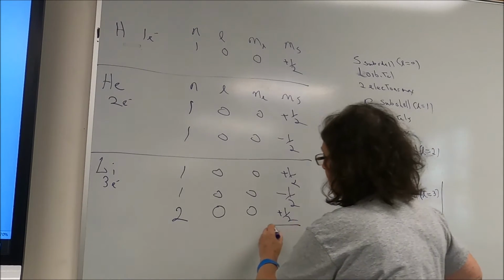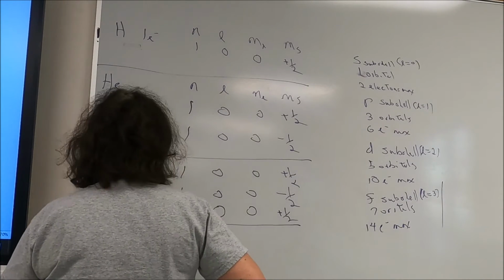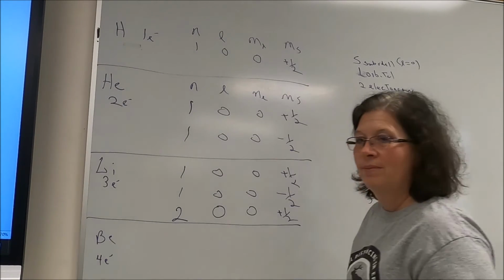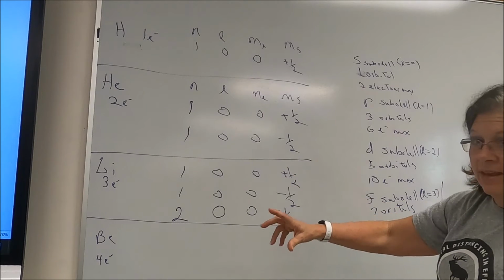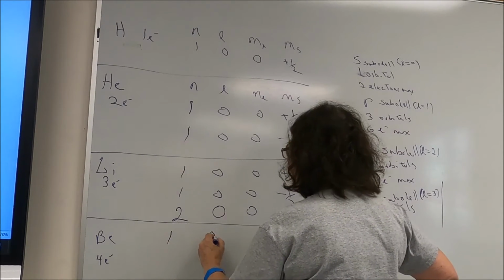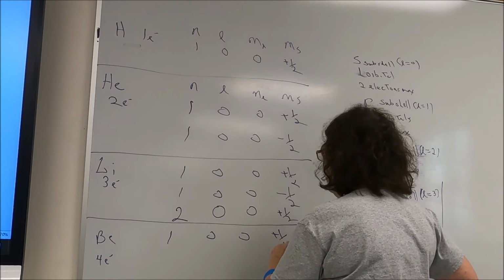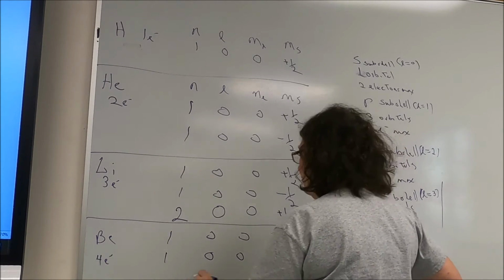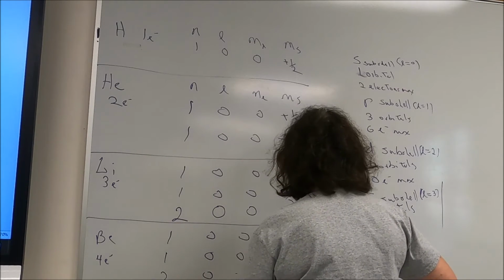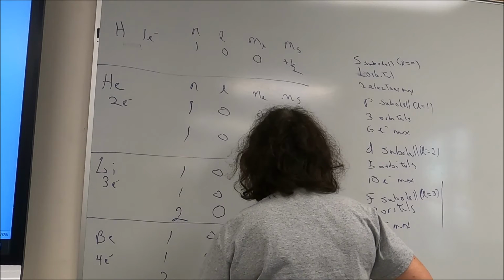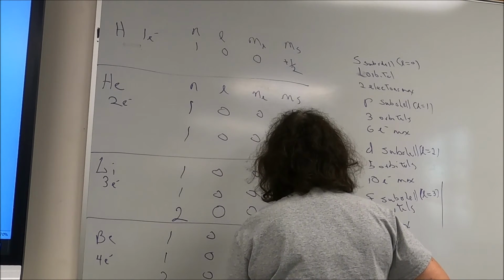The next element up is beryllium. 4 electrons. I take everything in lithium, copy it over, and then I'm going to add 1 more. So I have 1, 0, 0 plus a half, 1, 0, 0 minus a half, 2, 0, 0 plus a half, and 2, 0, 0 minus a half.